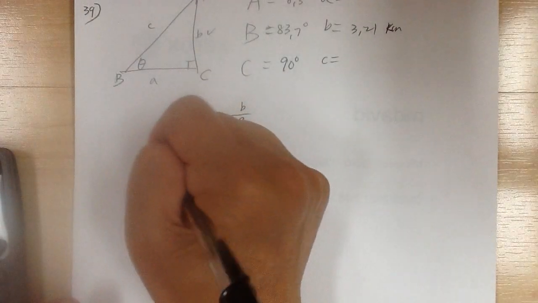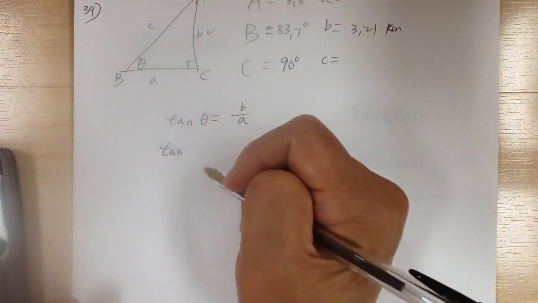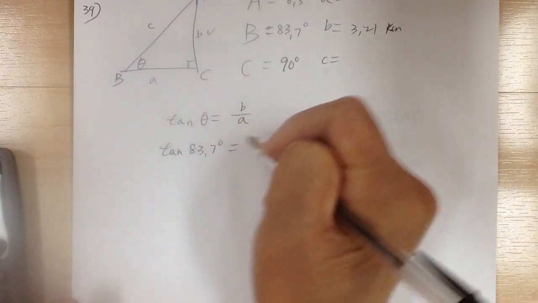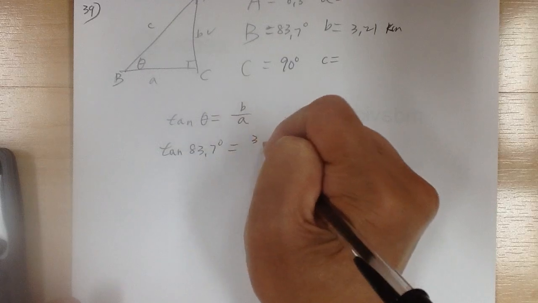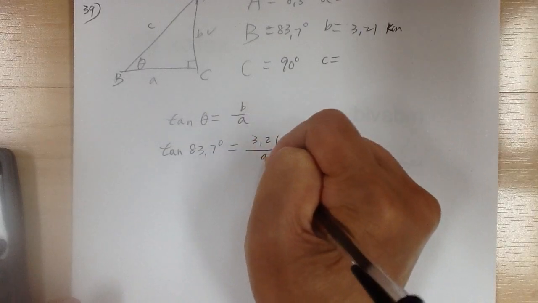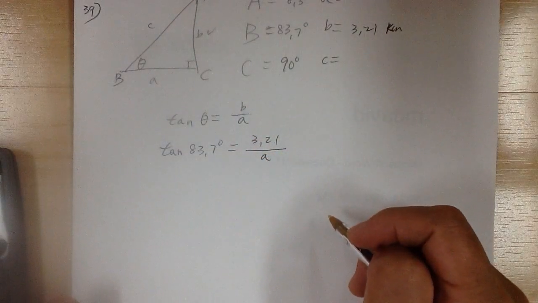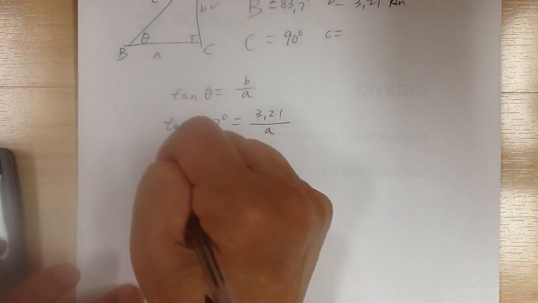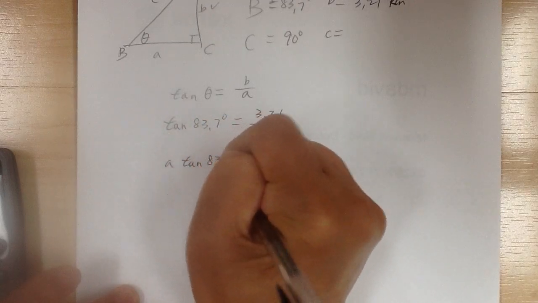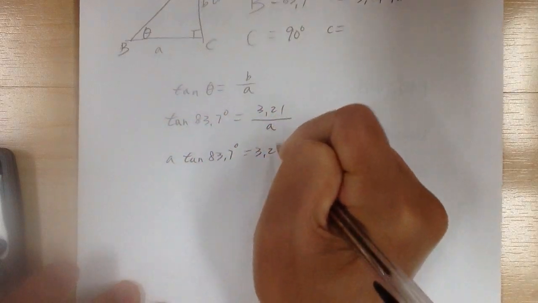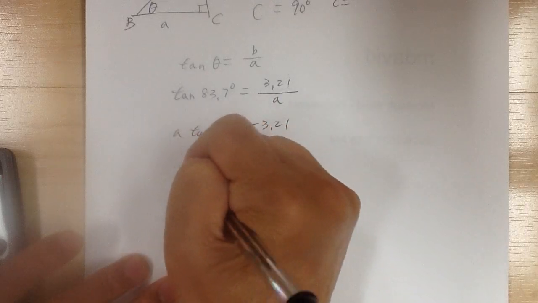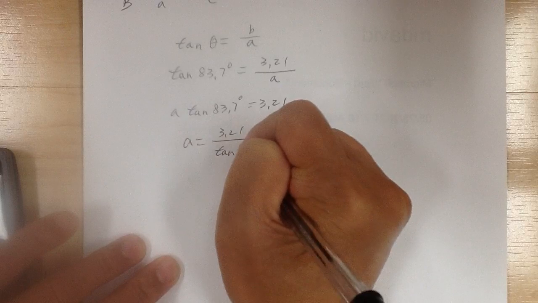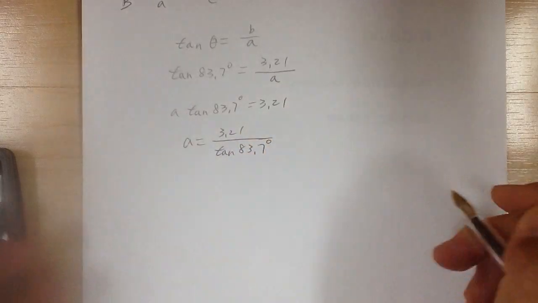So tangent of 83.7 degrees equals 3.21 over A. Cross multiply, so A tangent 83.7 degrees equals 3.21. Then divide, so A equals 3.21 divided by tangent of 83.7 degrees.